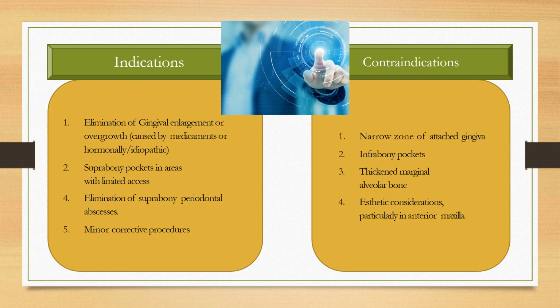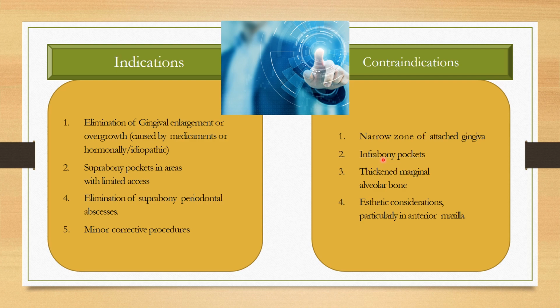Coming to the contraindications, especially in case of a narrow zone of attached gingiva. When there is a narrow zone of attached gingiva, it is contraindicated as it increases the possibility of reduced attached gingiva. Also in case of infrabony pockets, it is not advised as it does not involve osseous reconstruction.